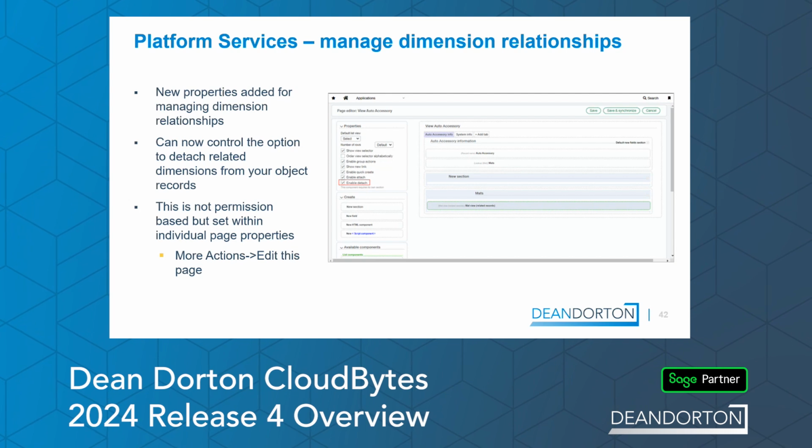Therefore, we're going to relate those together to ensure that we don't have miscoded transactions. So it gives you that ability to solidify your data, make sure that what's being put into the system is correct. And so now we're giving you that ability to detach that relationship so that you've got some more flexibility with how it's configured.